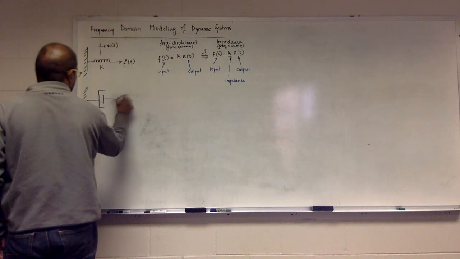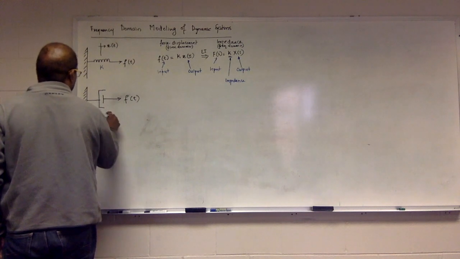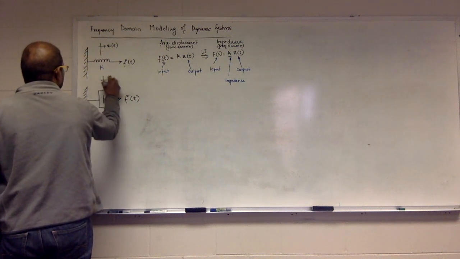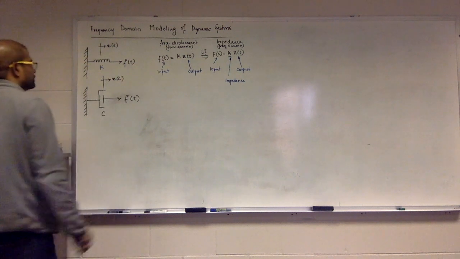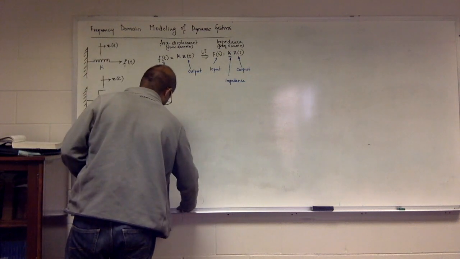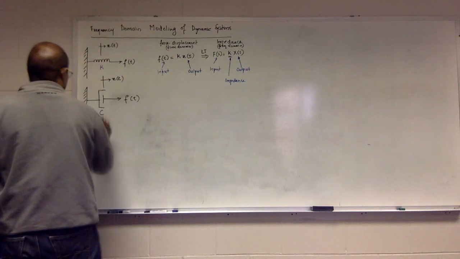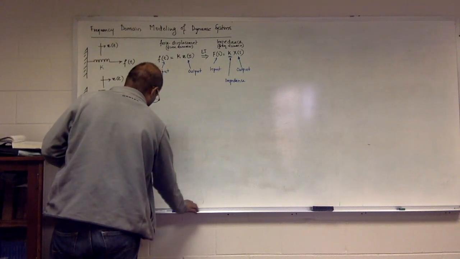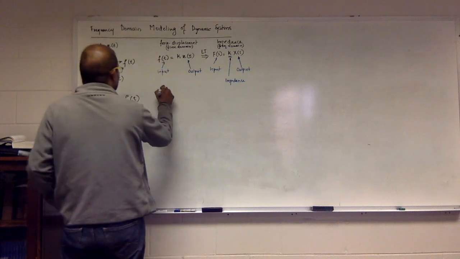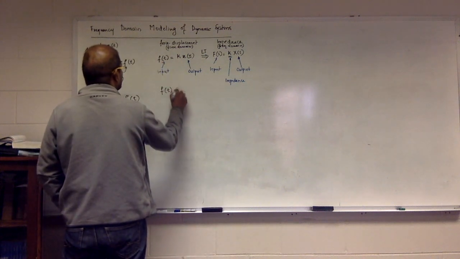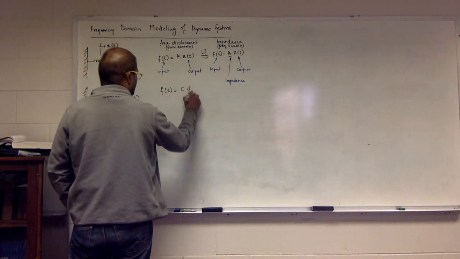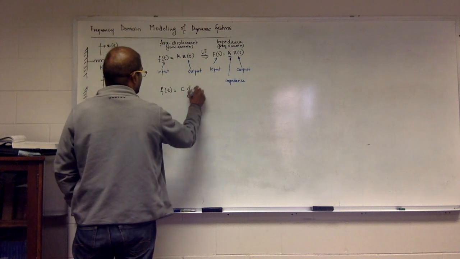This is how a damper is represented, and if you subject this to a force, let's say this is the damping coefficient C, and this is the displacement. The force displacement relationship is f of t is equal to c into d over dt of x of t.